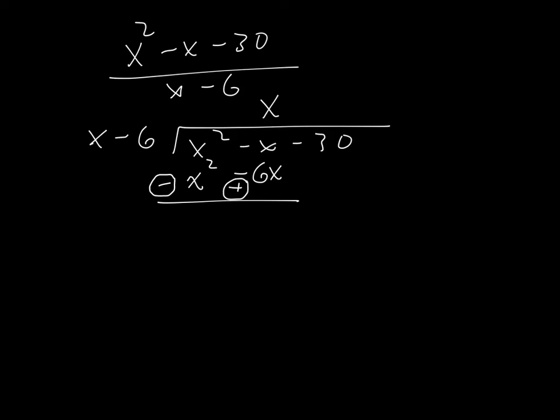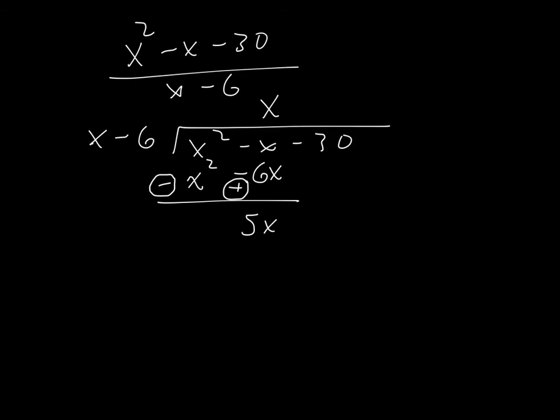When we're subtracting an entire expression, basically that minus is going to get distributed to here and to here. So you're changing these signs. And you're left with, now you have negative 1x. Negative 1x plus 6x is 5x.